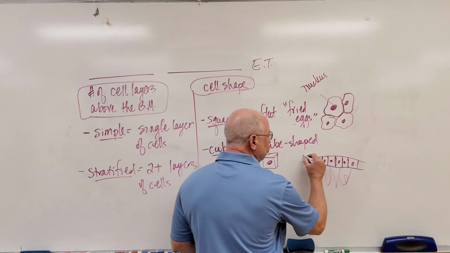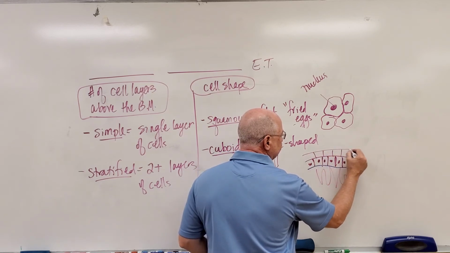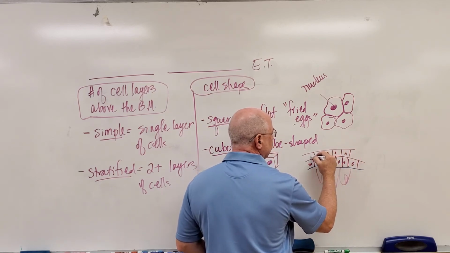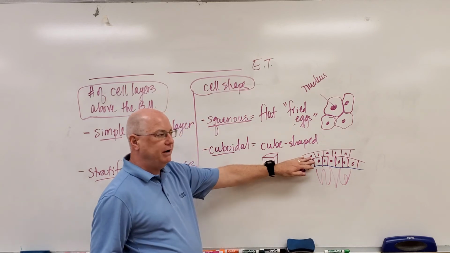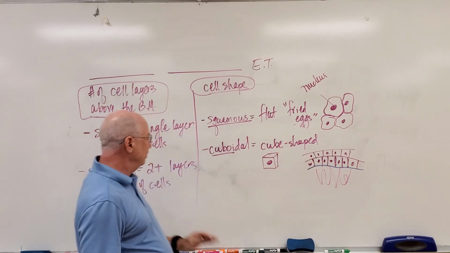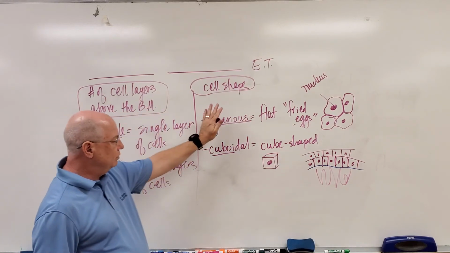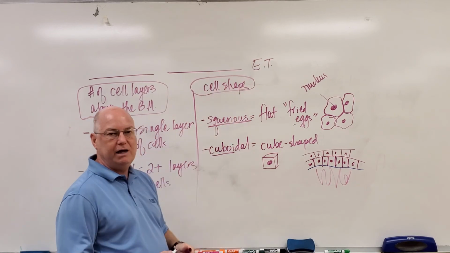If I saw two or more layers of these cells stacked on top of each other, we would call that stratified cuboidal epithelium. Put one of these two words with one of these words, and you have the name.